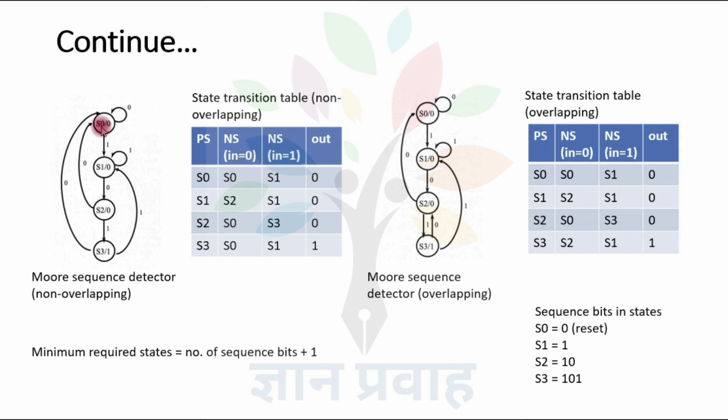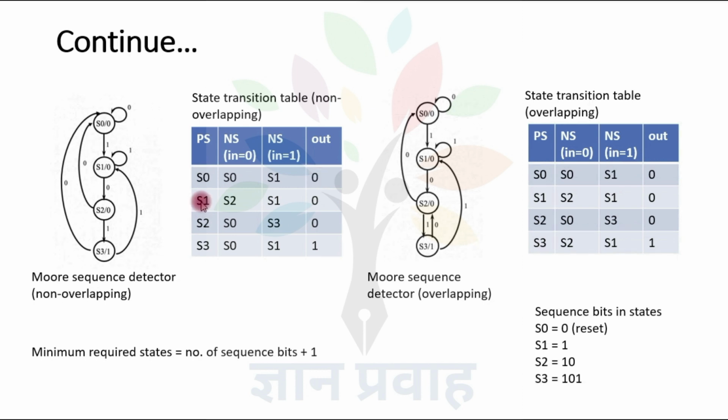At state S0, when the input signal is at logic 0, the state remains the same, so the state will be S0. At S0, when the input bit is at logic 1, the next state will be S1. And the output for present state S0 is 0.